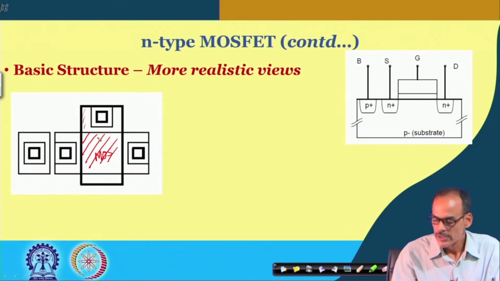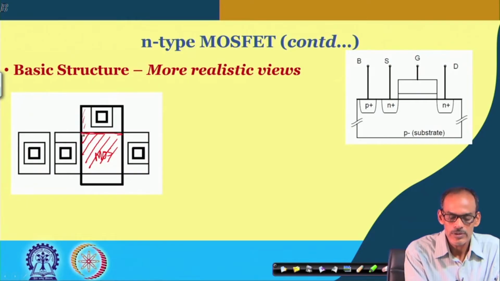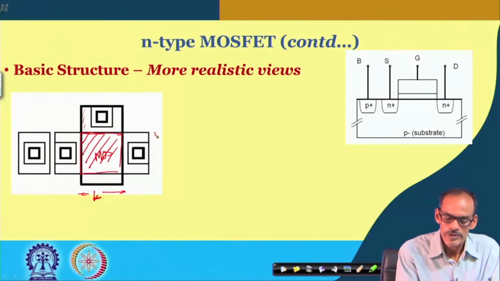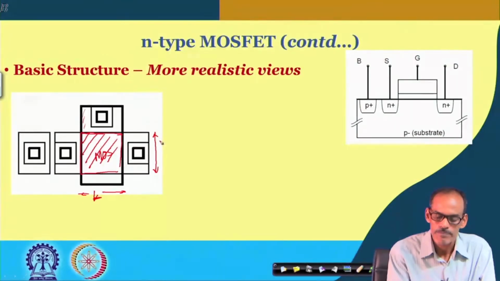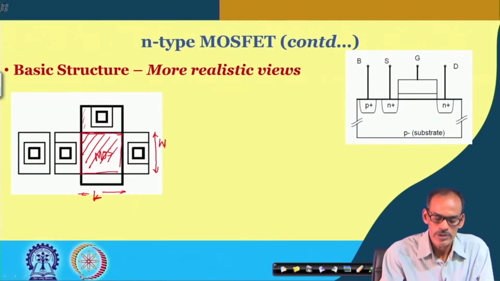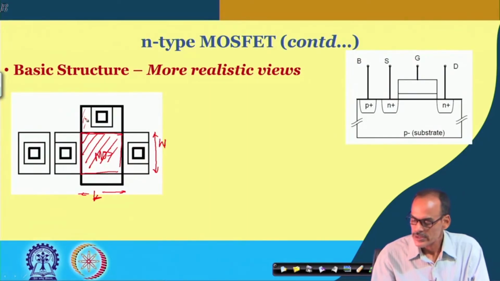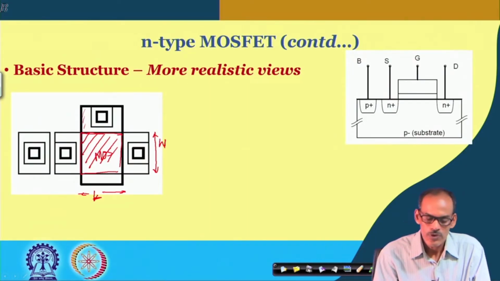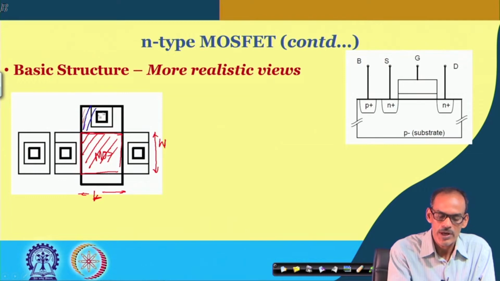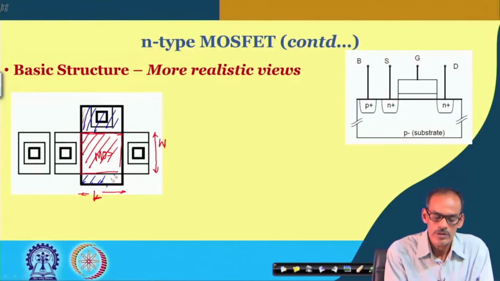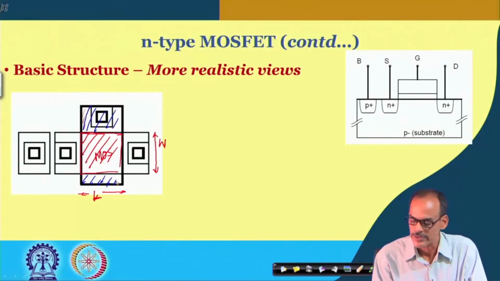So, I should say the channel is of course within this one, and its length is here and width is this dimension, and the controlling element or the electrode is getting extended beyond this channel for reliability reasons. So, this extended portion of the metal is basically helping to improve the reliability of the device.